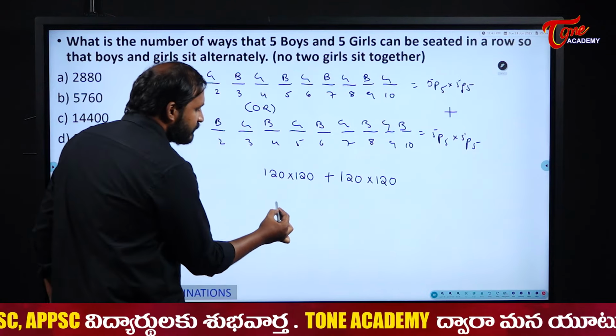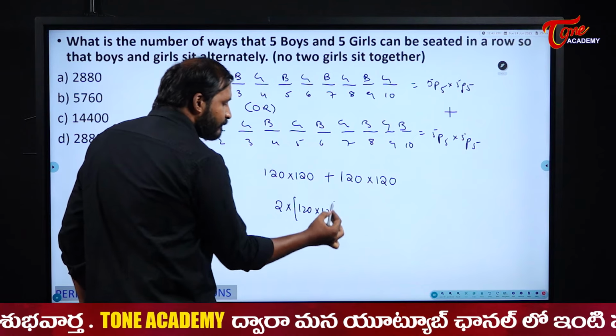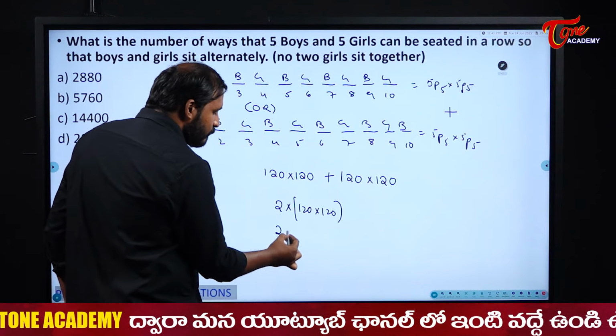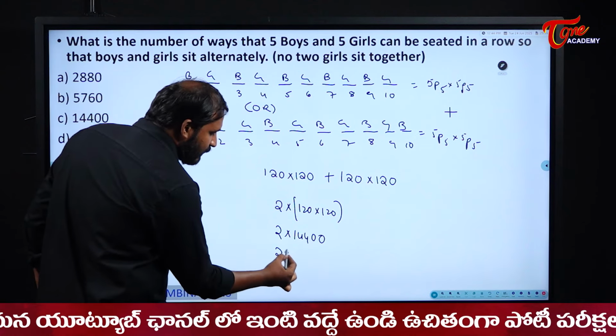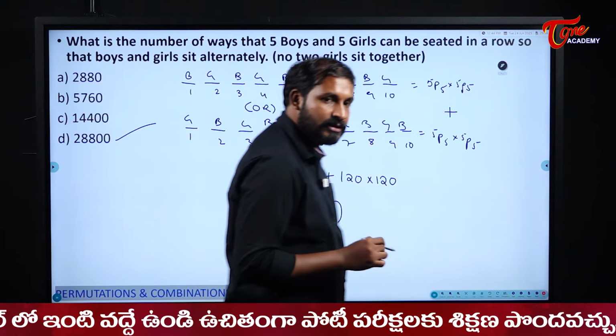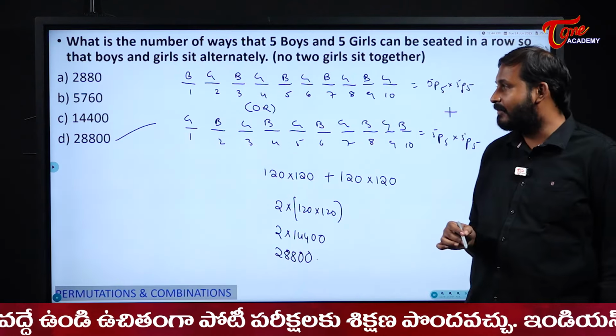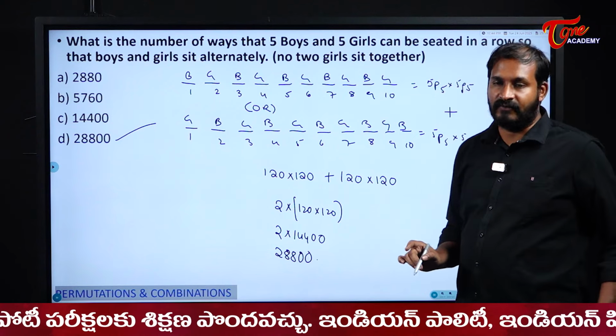We can write this as 2 into 120 into 120. This becomes 2 into 14400, which in turn becomes 28800. So our answer here is 28800. Understood? This is how we are going to solve this type of question.